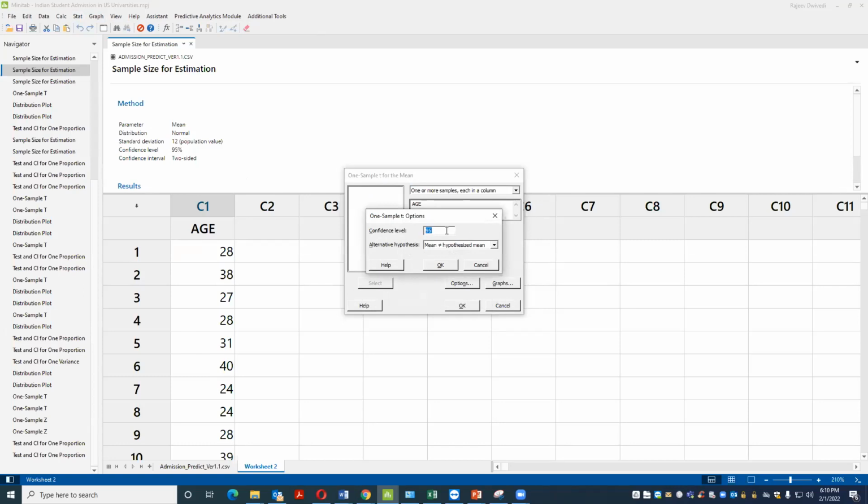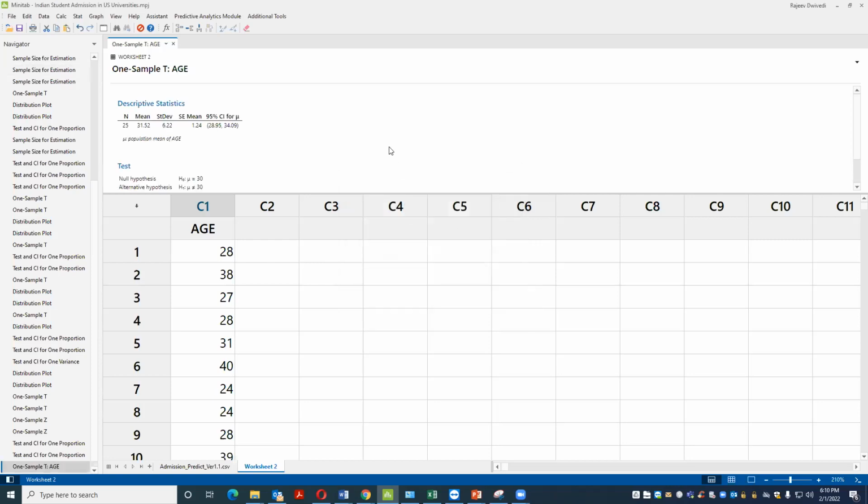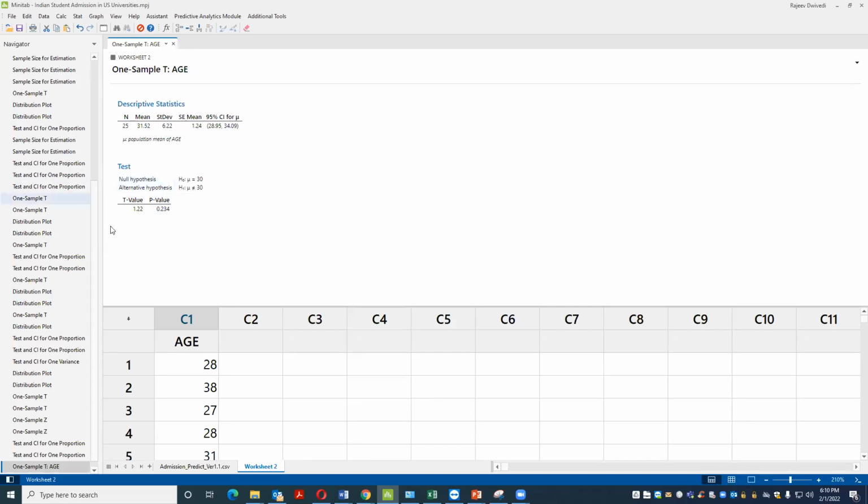By default I'm taking 95% confidence, and I'm taking the not equal sign, because I have decided 30 years. I'm not saying more than 30 or less than 30. So, very simple. And now here we got the t value, we got the p value, and we got the null hypothesis mu equal to 30. Let me make it bigger.